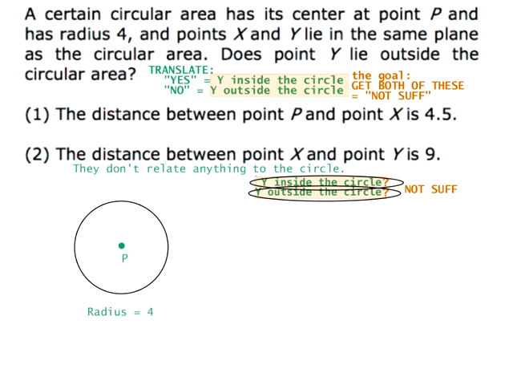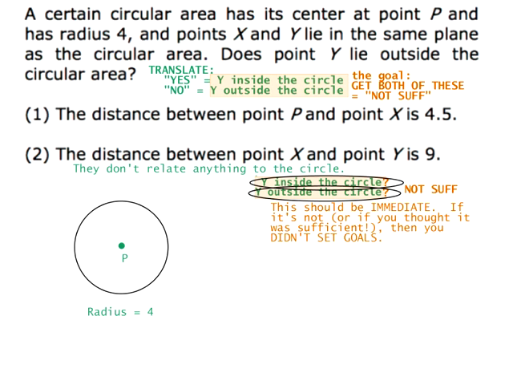Again, this statement should be immediate. If it's not, or if, heaven forbid, you actually picked B or D, which means you got this statement wrong, or if you thought it was sufficient, then you didn't set goals. Or you set goals and then you forgot about them. But this is important, because this should be very clear: you don't know anything about the circle.